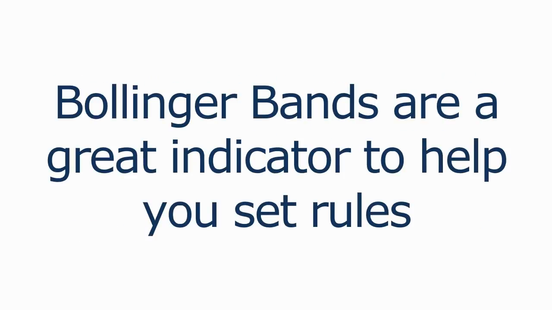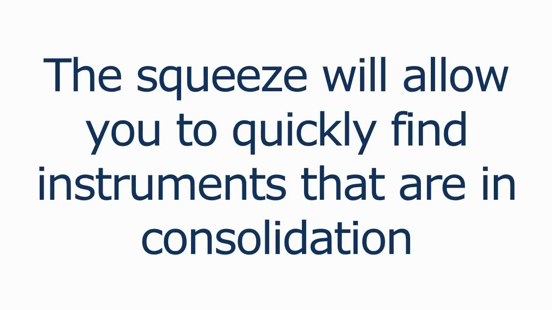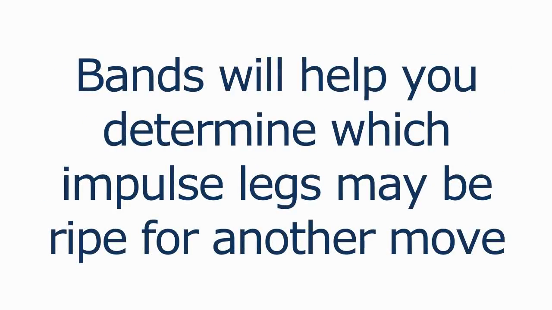So let's sum this up. Bollinger Bands, I think, are a pretty good indicator to help you set rules in regards to the trades you're going to take. The squeeze is going to allow you to find instruments that are in consolidation and may be ready for a breakout. Pullbacks, which are a tried and tested trading method, plus the bands, are going to help you determine which impulse legs may be ripe for another move after the corrective phase.